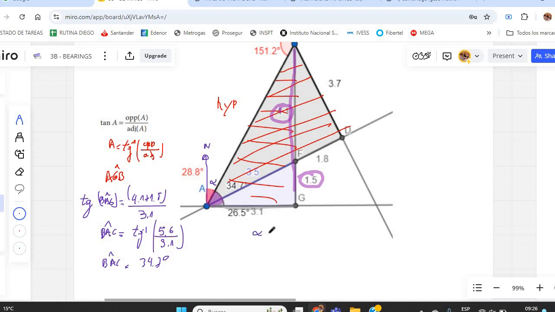You know that alpha plus angle BAG equals 90 degrees, because it's a right angle, or because it's complementary. So here you can know that alpha equals 28.8, I think.